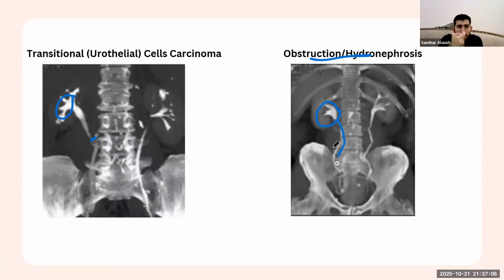If the ureter is very narrowed, that's obstruction. As you can see here, the ureter is very enlarged compared to here, that's transitional cell carcinoma, because transitional cell carcinoma will cause a mass in the ureter. So the ureter will be enlarged and full. In an obstruction, it's because of a stone or something, so the ureter is narrow. Clear? Yes. This is very important.